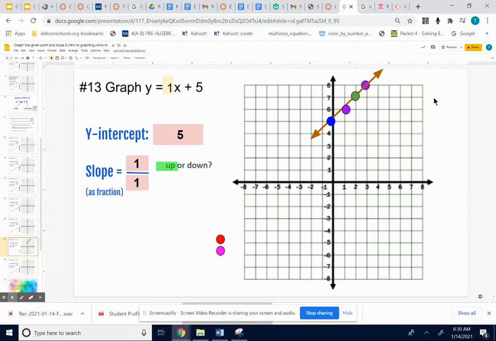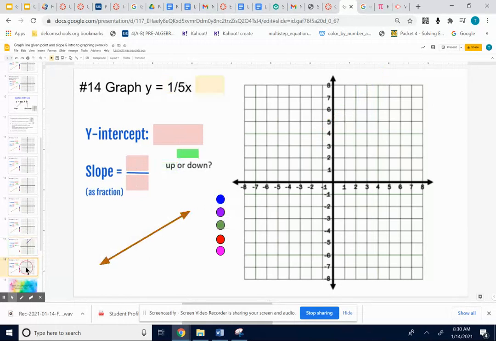See how you did on the last one. Another think question. We want to graph y equals 1/5 x. The number at the end is the y-intercept. On this problem, there is no number at the end. What could I add to 1/5 x and still have the same thing, 1/5 x?